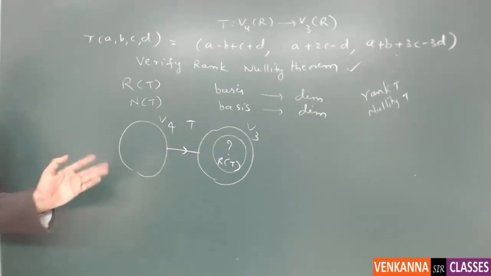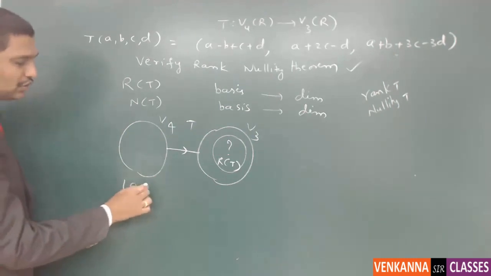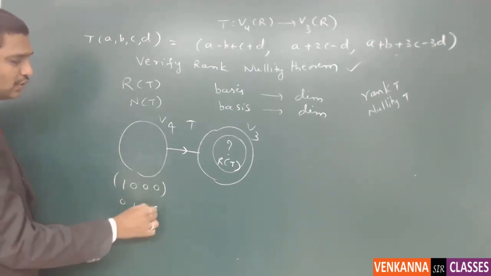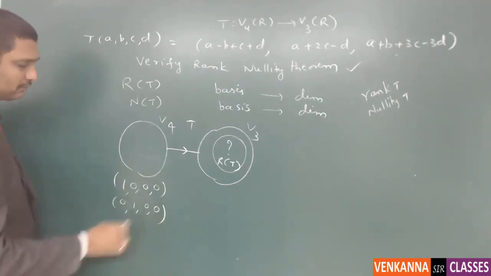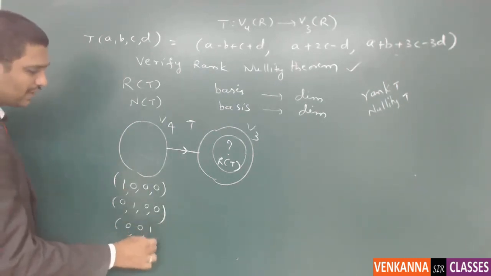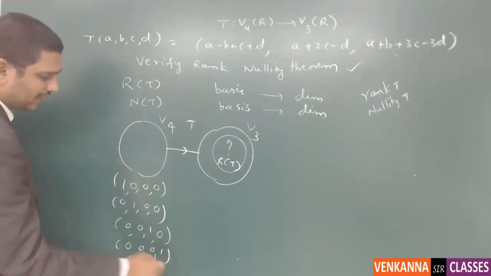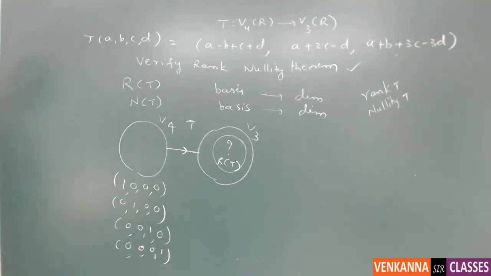The vectors taken by the combination of ones and zeros. So (1,0,0,0) is one vector, (0,1,0,0) is the other vector, (0,0,1,0) third vector, and (0,0,0,1) fourth vector. Clear now?